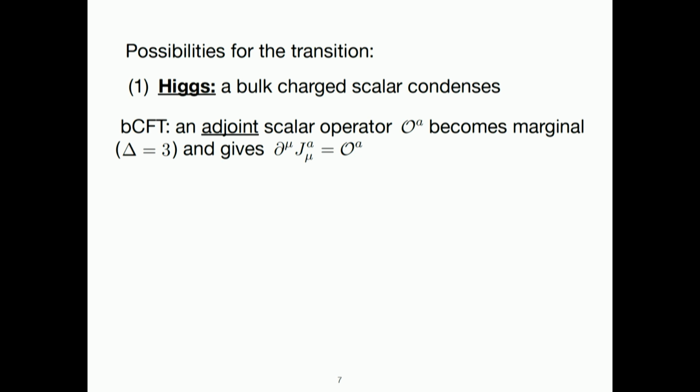Of course, the data of the boundary CFT depend on the radius. So as we increase the radius, at some point a certain adjoint operator becomes of dimension 3. And this is the correct dimension to appear on the right-hand side of the current conservation. Okay, so this would mean that the current can stop being conserved and get lifted. This is one reason why the current might start disappearing.